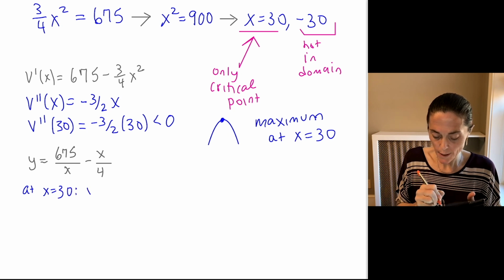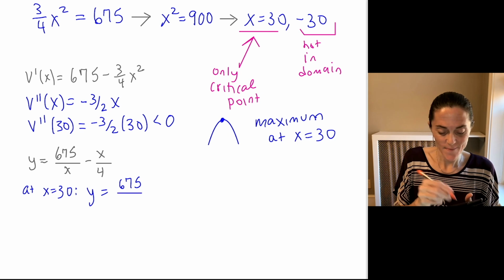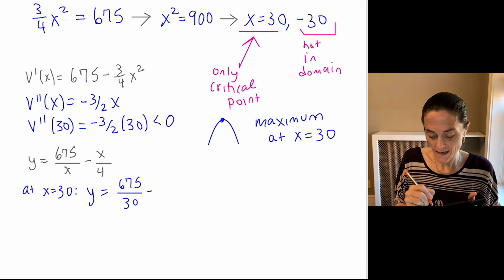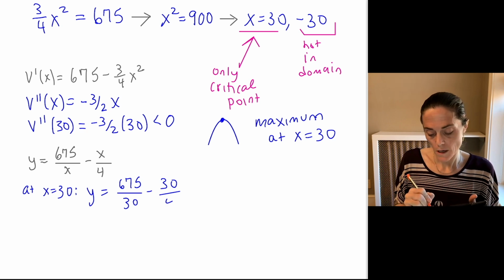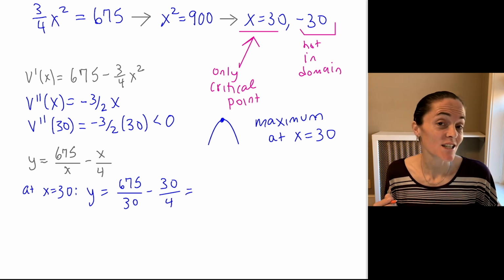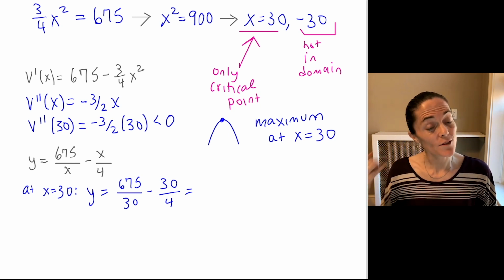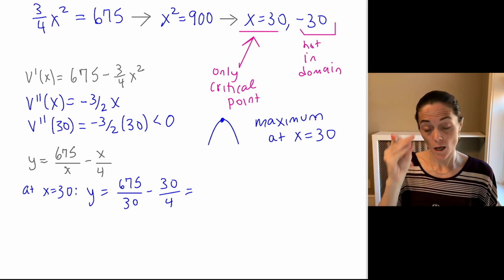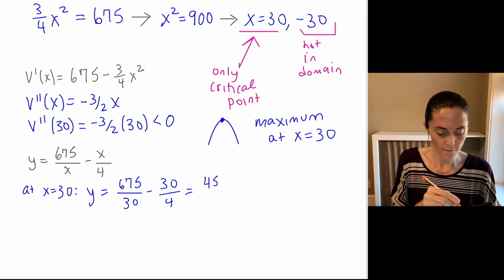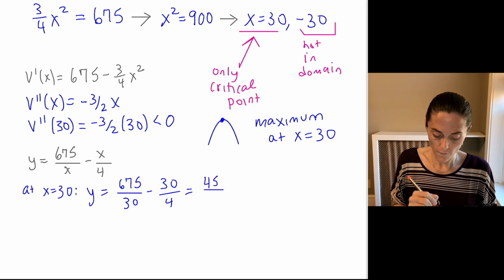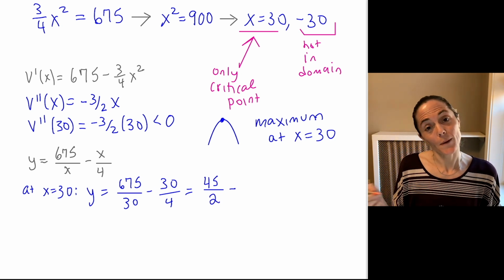At x equals 30, y would be 675 over 30 minus 30 over 4. Now, we want to write this as an integer simplified fraction. Both 675 and 30 are divisible by 15. So this first term is 675 over 15, which is 45, and then divided by 30 over 15, which is 2. And then you notice 30 and 4 are both divisible by 2.